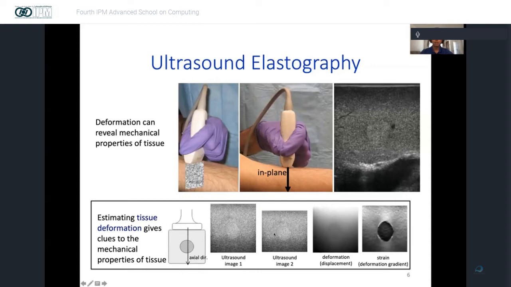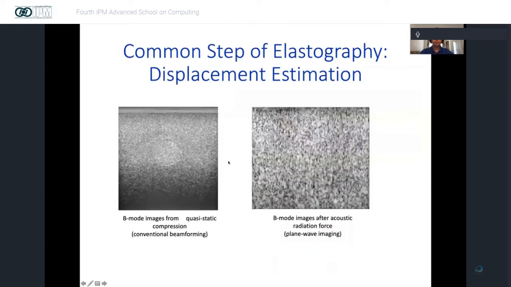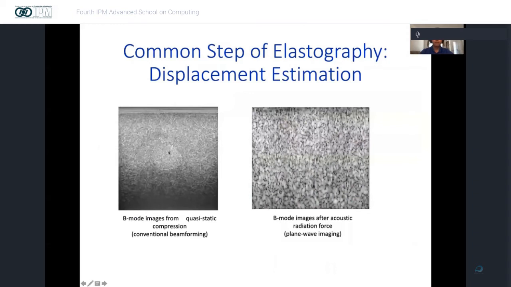Now, this is one type of elastography. There are many different types, but the idea is always the same. We have different images of the tissue as the tissue is undergoing deformation. And the goal is to calculate this basically deformation map, which is a very, very challenging task. So here I'm showing two different types of elastography, and we see two different types of motion.